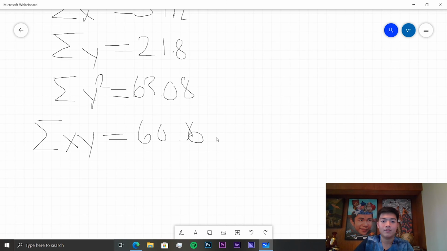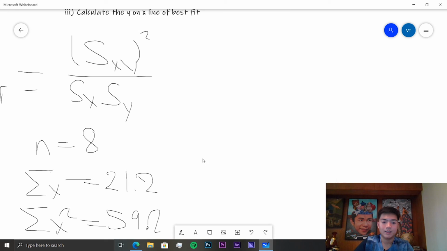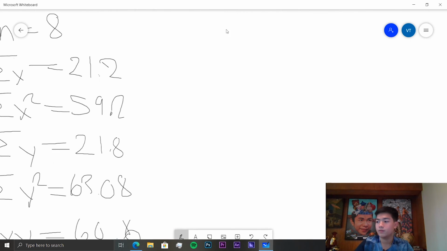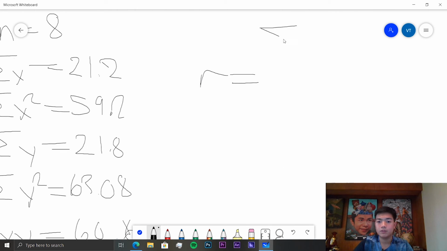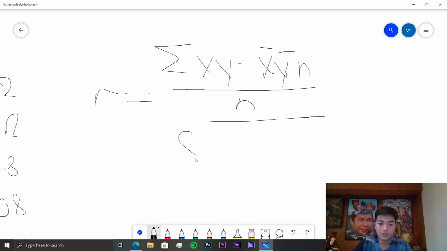So what we have in the end is, it's not actually that squared. It's more of this formula: the sum of the x and y minus the means times n, all over n, over the standard deviation of x and the standard deviation of y.